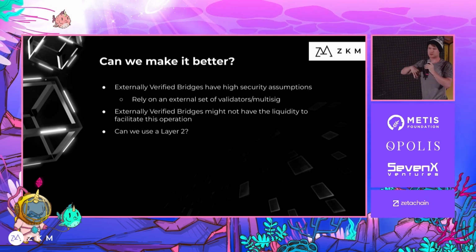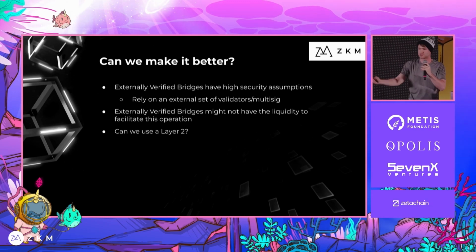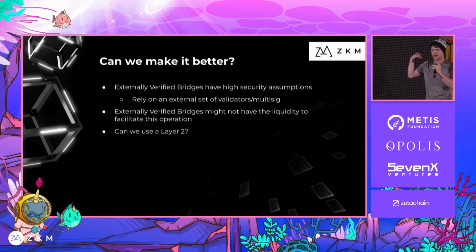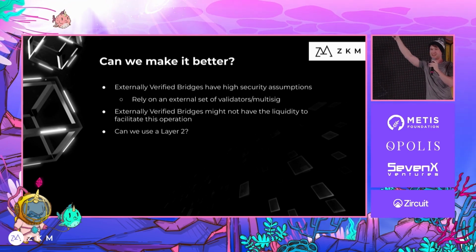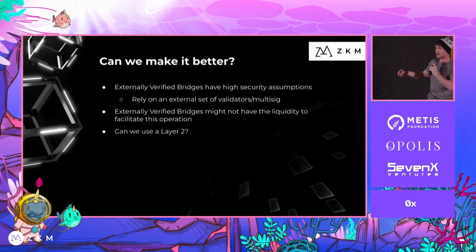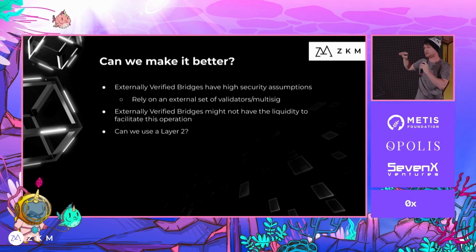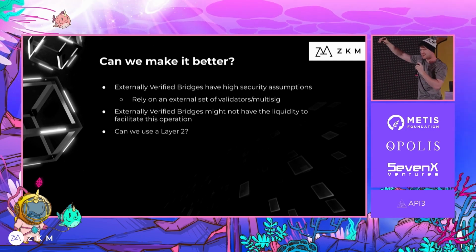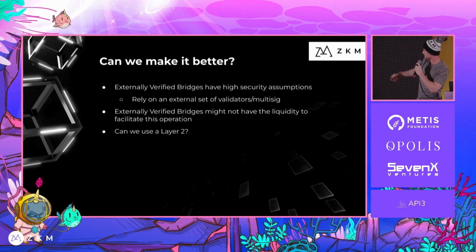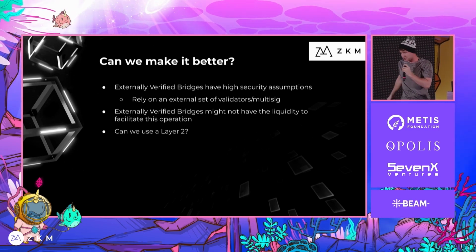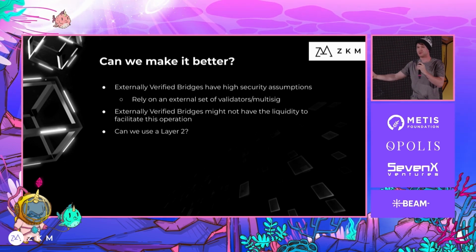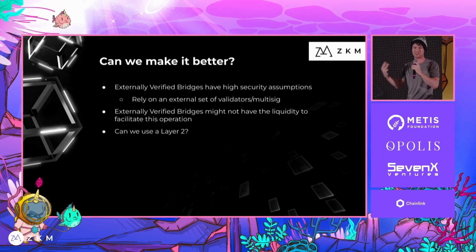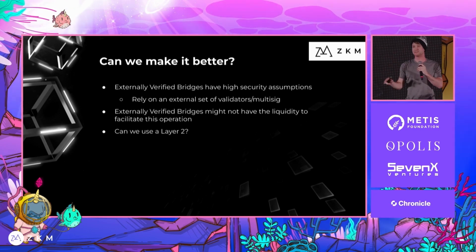Whether that be through different types of signature schemes like BLS, or through, let's say, a validator scheme where I have another blockchain that verifies other blockchains. Either way, I have a higher security assumption to enable this bridging. In addition, externally verified bridges typically need a high amount of liquidity deposited within their contract. So they need to attract a lot of VCs, a lot of people to put money into the application.